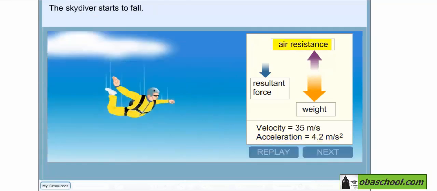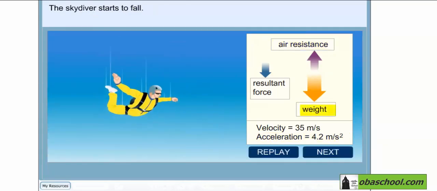Now as the skydiver starts to fall, we have air resistance added to the forces. But the resultant force is still downwards because the weight is still bigger than the air resistance. We notice that the velocity increased, it's now equal to 35 meters per second, and the acceleration decreased, it is equal to 4.2 meters per second squared.